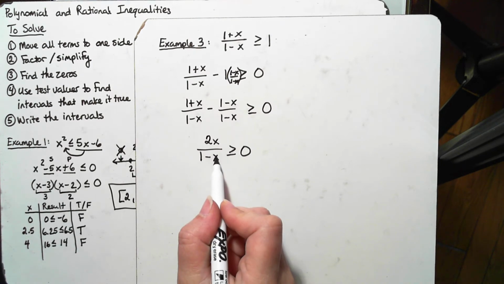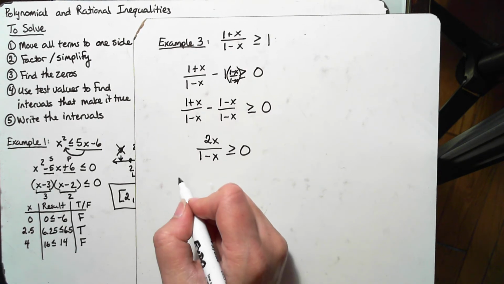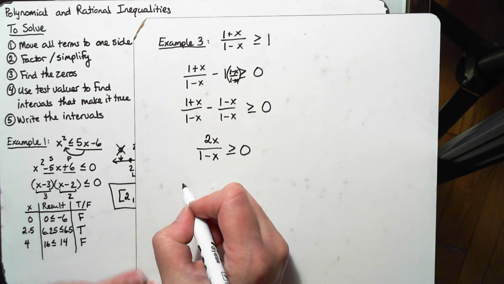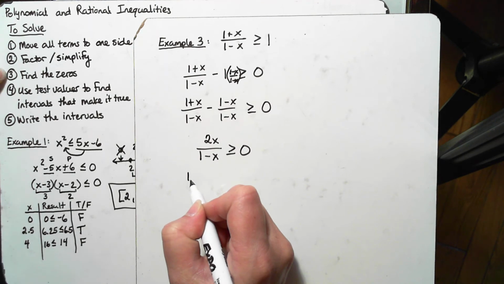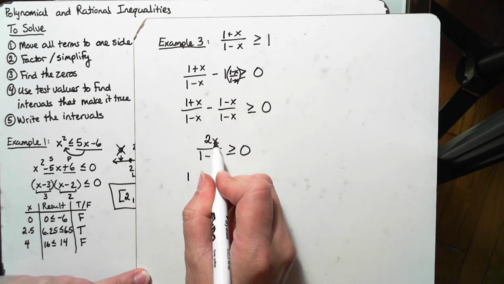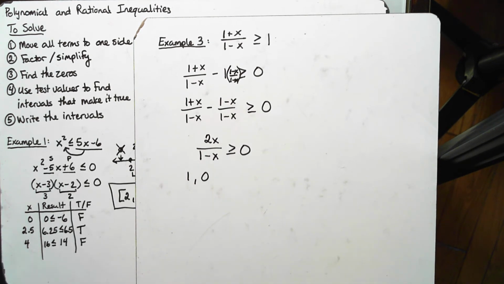I have to check this denominator, and the 0 of that denominator is going to be one of our important numbers. Okay, so this 0 is 1. That's one of our important numbers, or zeros. And the other 0 is going to be 0 because the numerator would be 0 when x was 0. So those are the two values that would be considered zeros in this equation.